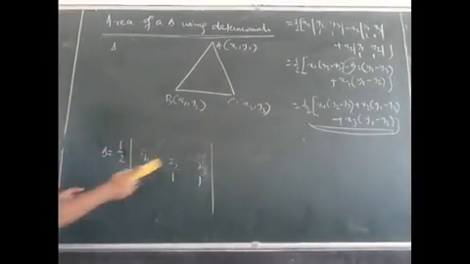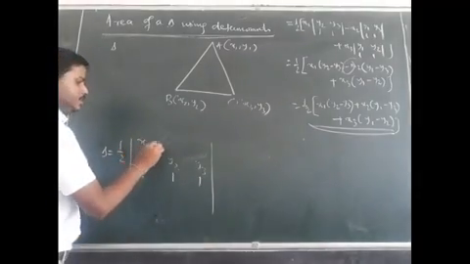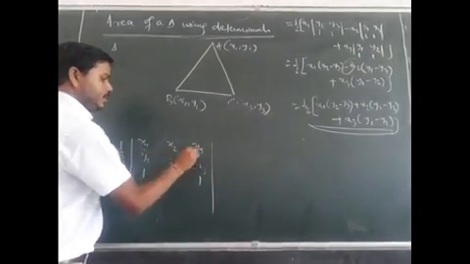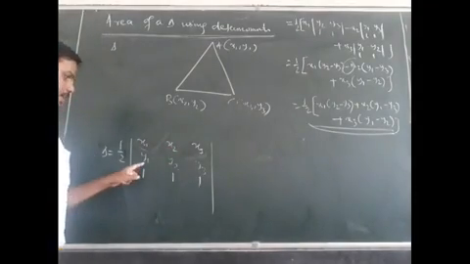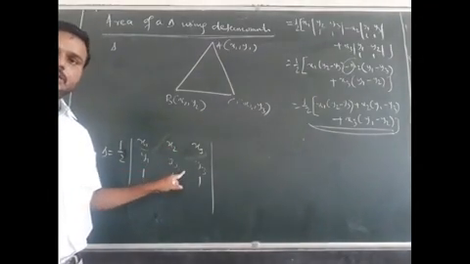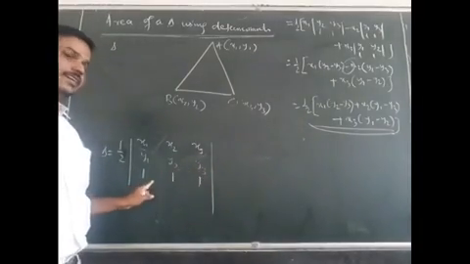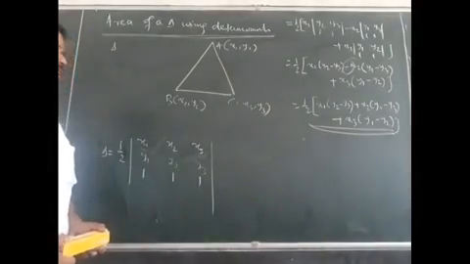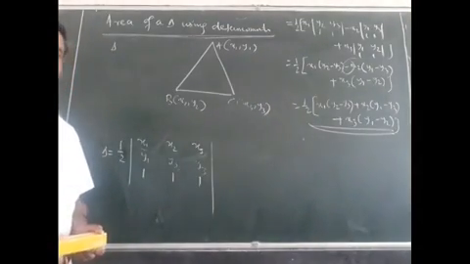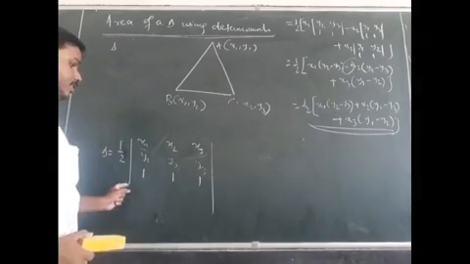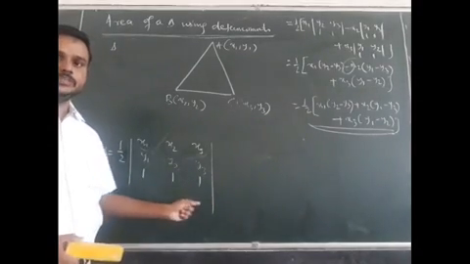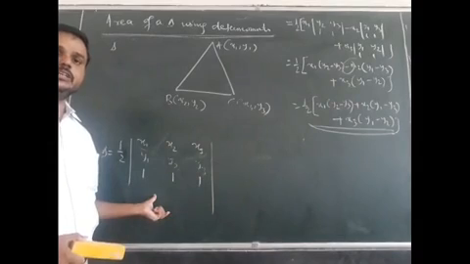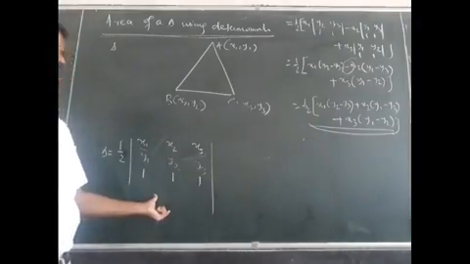In the first row, you write x1, x2 and x3. In the second row, you write y1, y2 and y3. And in the third row, you write 1, 1 and 1. Then definitely you will get the area of the triangle. And remember, if this value happens to be negative numerically, then you have to write the modulus here, because the area of a triangle can never be negative.